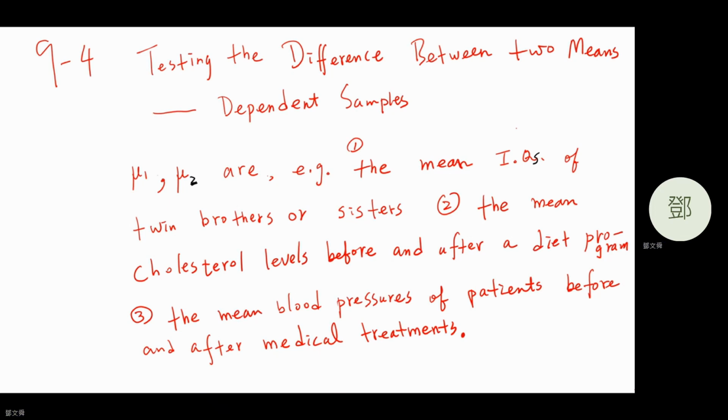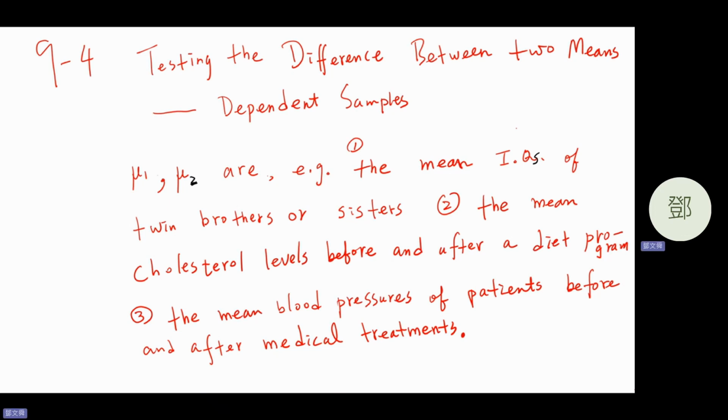And then the mean blood pressures of patients before and after medical treatment. So for the IQ, if you wanted to compare them, you have X1 and Y1, the first twin brother or sister, and X2, Y2, the second twin sister or brother's IQ. So they come in pairs. The IQ score comes in paired form.